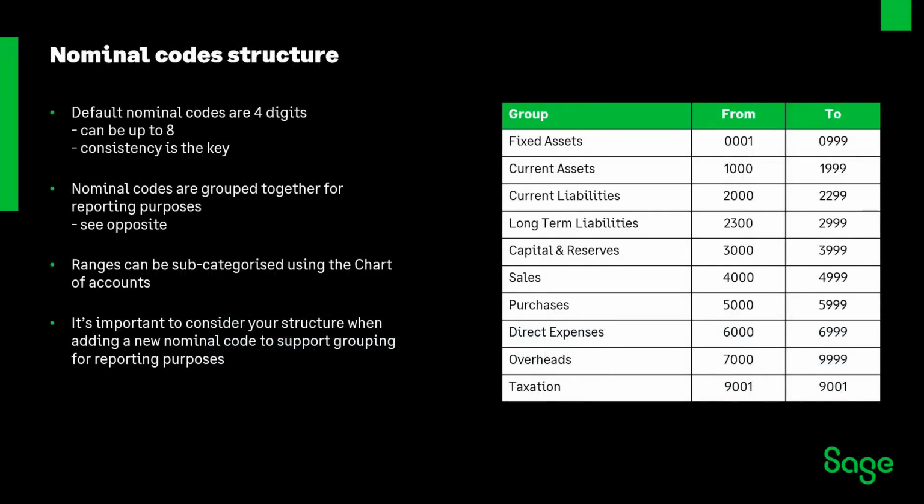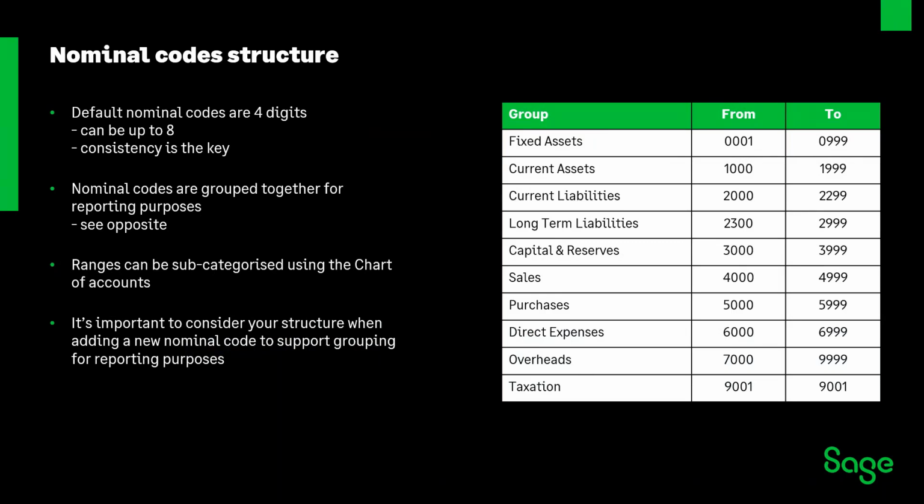Now, your nominal ledger list, and this is a good thing to be aware of, is the structure. This is where it's useful to understand if you're setting up new nominal records. Your nominal codes have a structure within Sage. Generally your fixed assets run from 0001 to 0999, so the first 1,000 nominal codes, as it were. Current assets covers the 1,000 range.